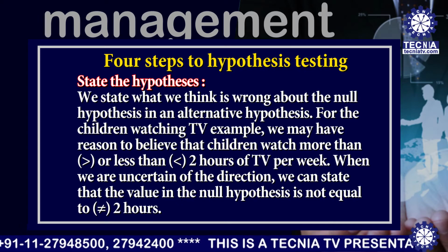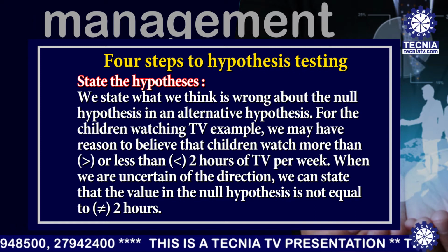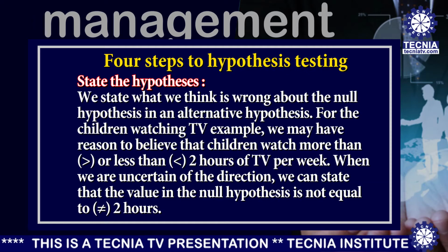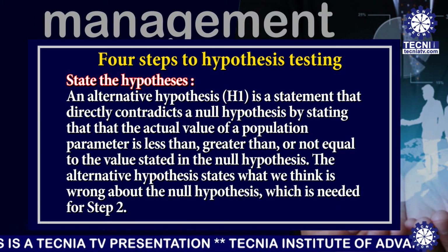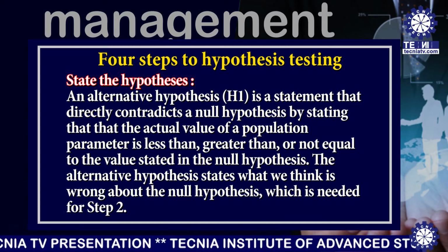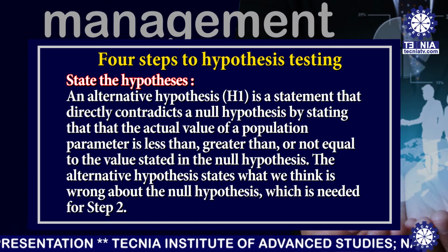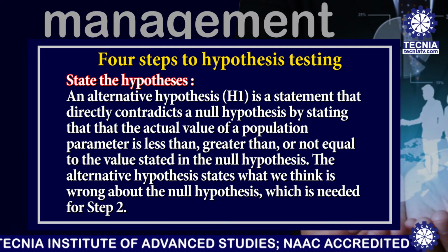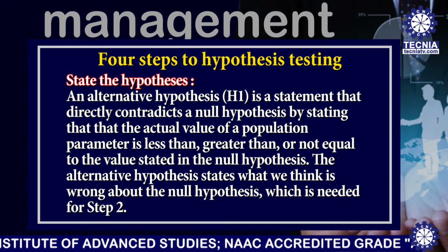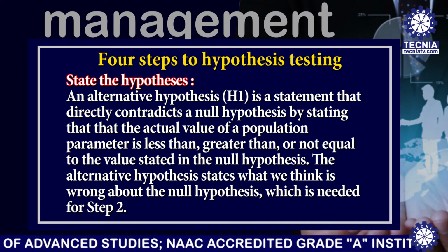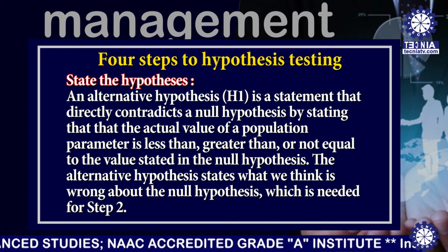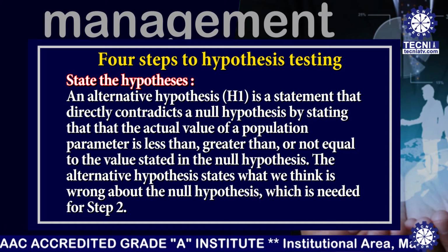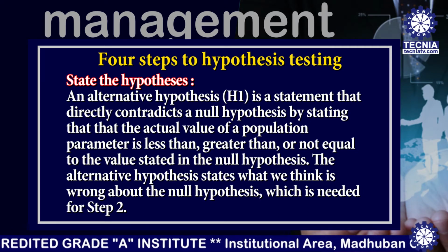When we are uncertain of the direction, we can state that the value in the null hypothesis is not equal to 2 hours. An alternative hypothesis, represented by H1, is a statement that directly contradicts a null hypothesis by stating that the actual value of a population parameter is less than, greater than, or not equal to the value stated in the null hypothesis.